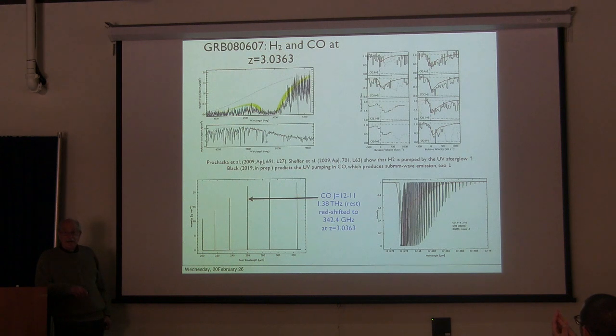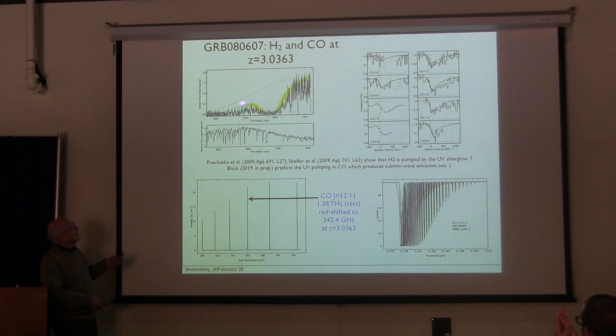But briefly, that afterglow produces so much ultraviolet light that it can be seen redshifted all the way to us as a bright enough visible light background source so that the interstellar medium of the host galaxy of the gamma ray burst can be probed by absorption spectroscopy.